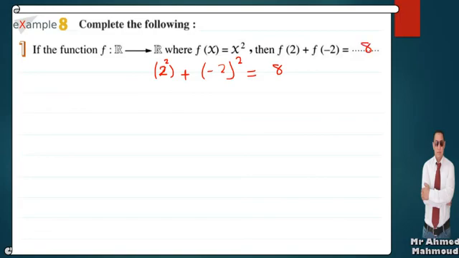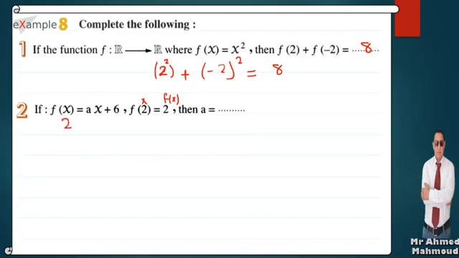The next one, if f of x equal ax plus 6, then f of 2 equals what? Here this one is x and this one is f of x or y. Then in place of f of x I will write 2, and a here between brackets. In place of x I will write 2, plus 6.